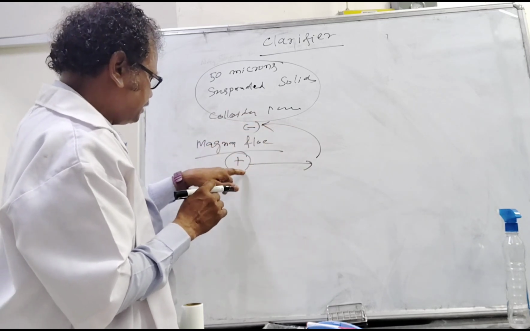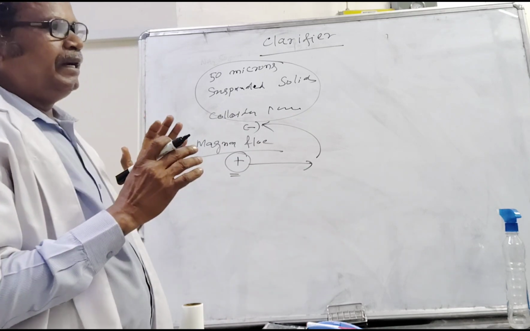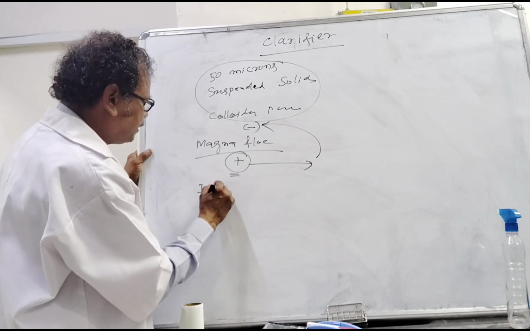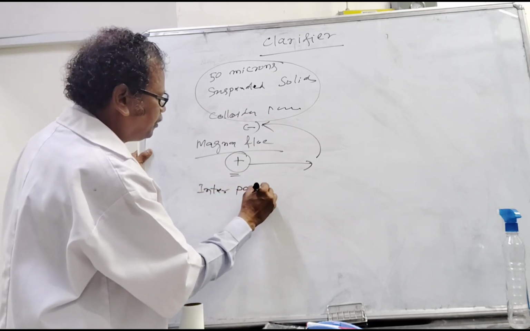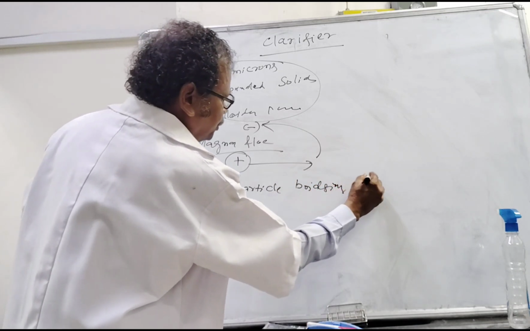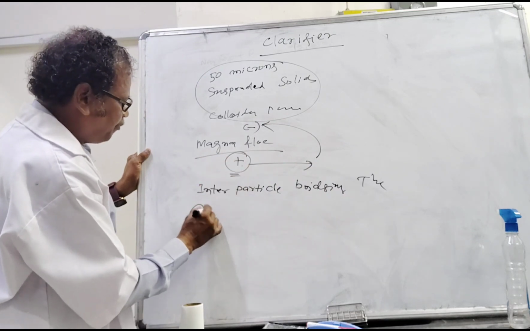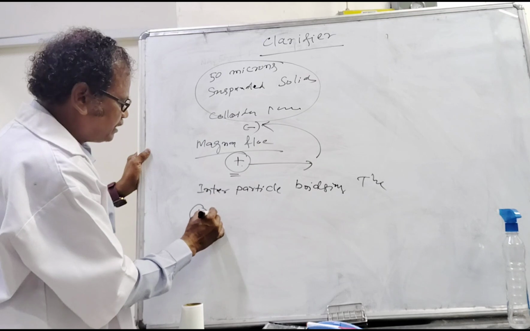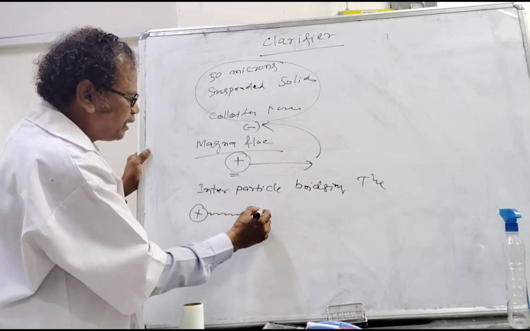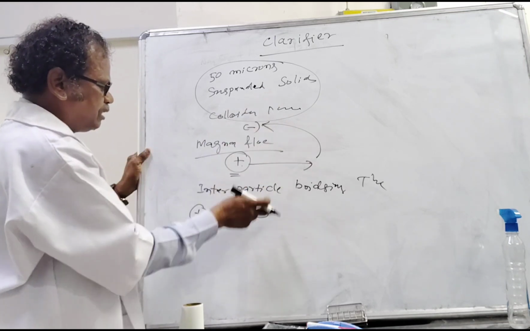This process is called interparticle bridging theory, because the magnafloc extends to the maximum to attract the negative charges of the colloidal suspended particles.